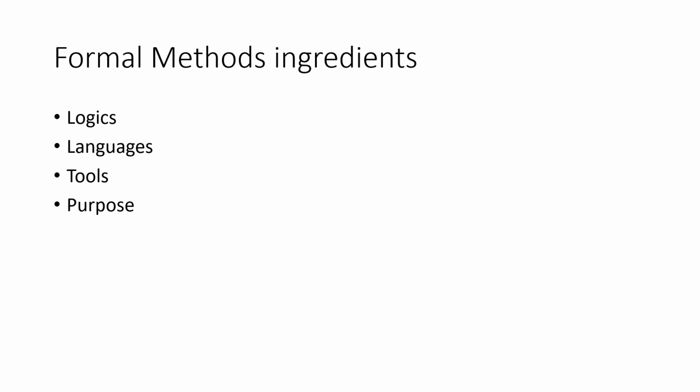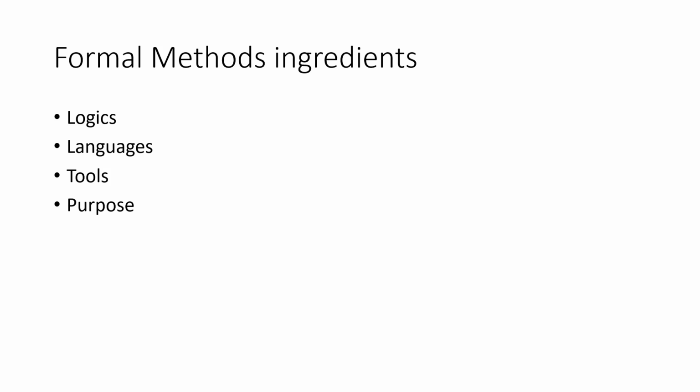And we will also have this within the languages that are in formal methods. Then, of course, the tools. There are some people that don't like tools and they want to do everything by hand, but I think most of us appreciate that tools can automate things and do some analysis for us.